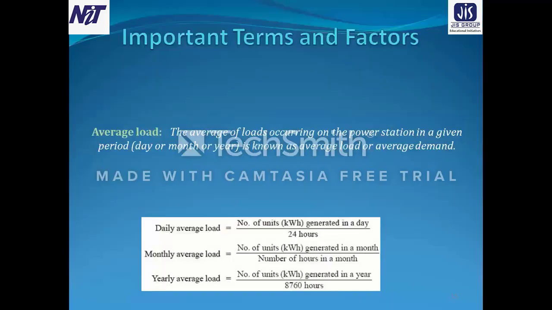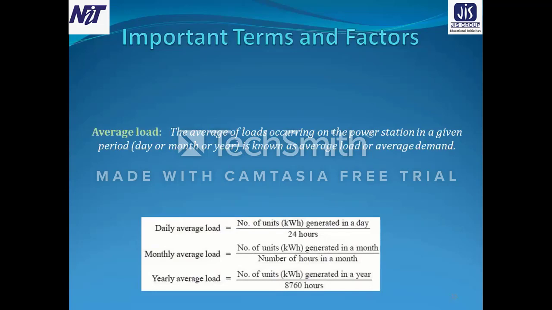The next important term and factor, average load. The average of loads occurring on the power station in a given period is known as average load or average demand. So daily average load equals number of units generated in a day divided by 24 hours, and monthly average load will be number of units generated in a month divided by number of hours in a month.